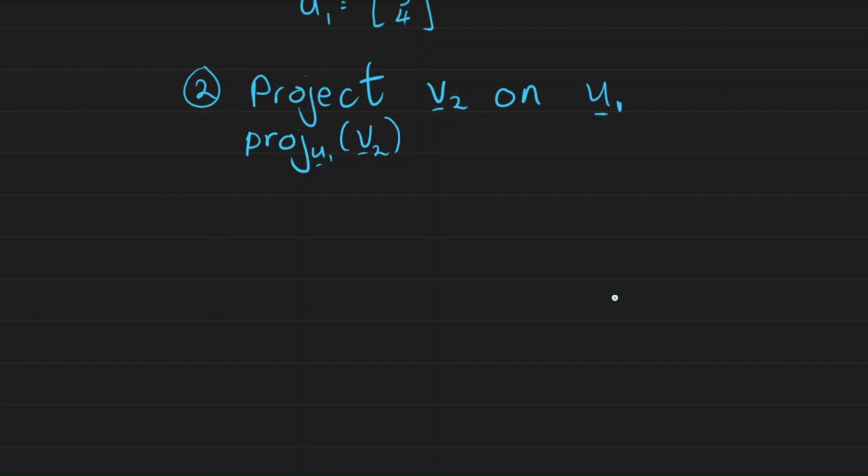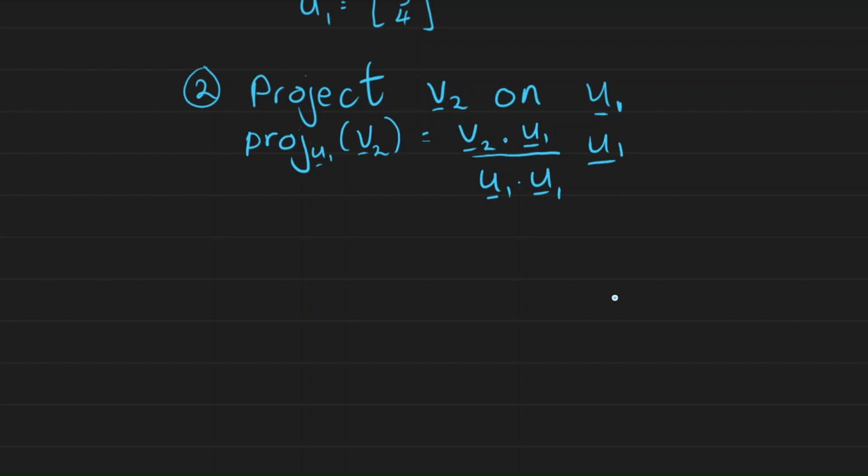So this u1 is written as a subscript. And there's a formula for this. And this formula is given as v2 taken with the dot product of u1, divided by the dot product of u1 with itself, times u1. So where does this formula come from?